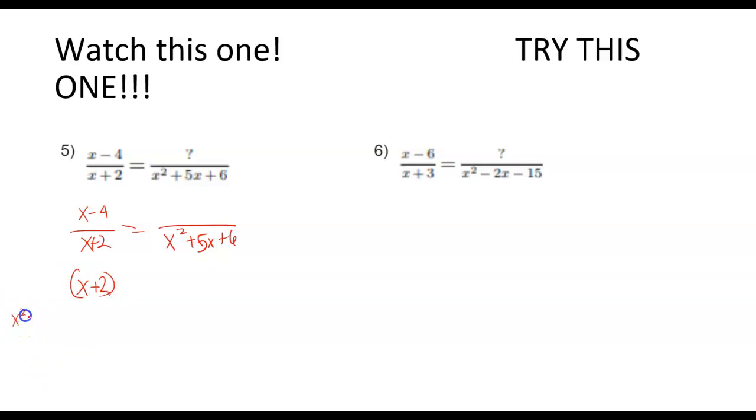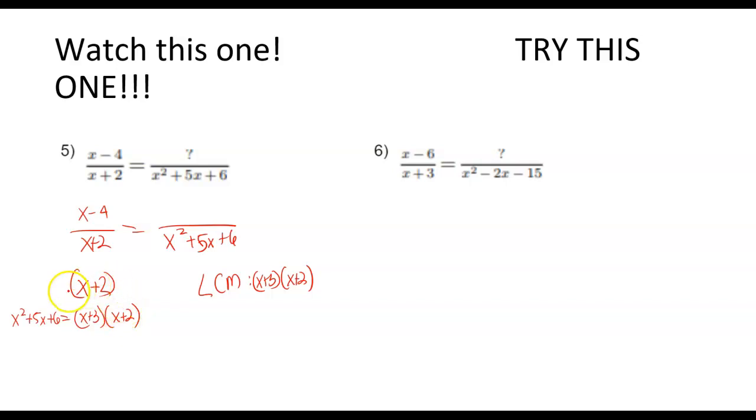And then x squared plus 5x plus 6 is going to give me x plus 3 times x plus 2. So my least common multiple is x plus 3 times x plus 2. Greatest number of prime factors I have in each expression.